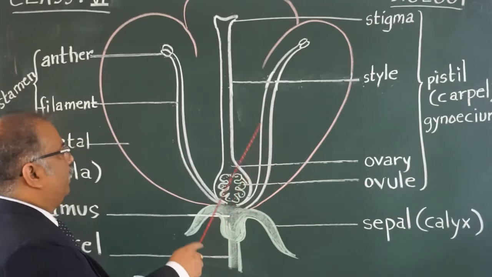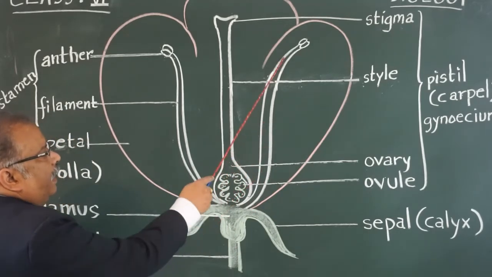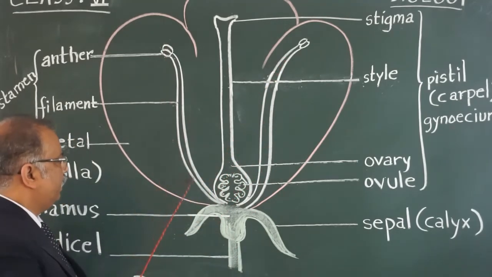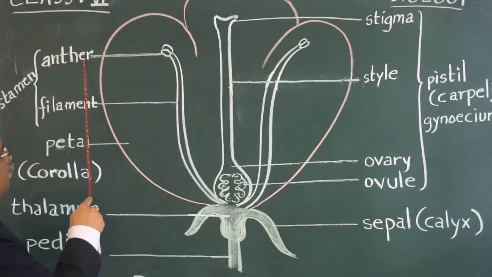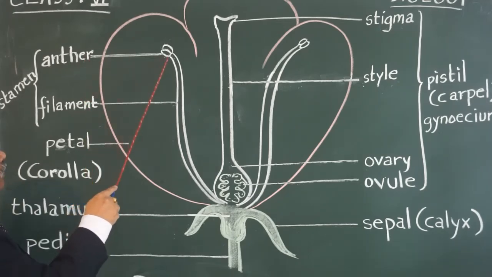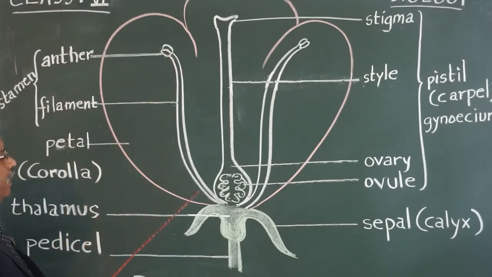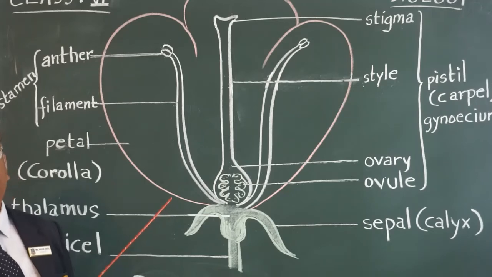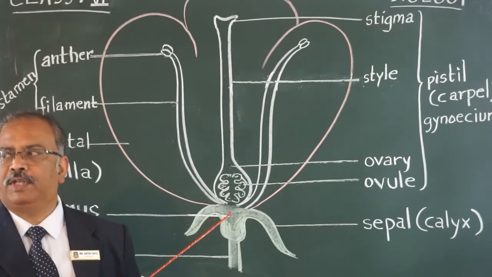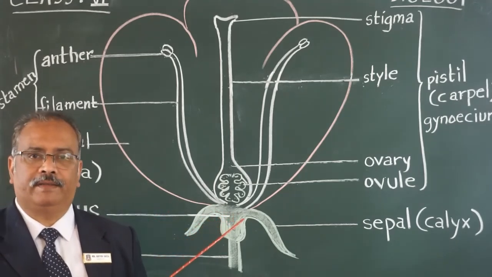The third whorl here is androecium, which is the male reproductive part. Two parts are there: the anther, which is a bilobed structure here on the filament, and the filament, which is the tube-like structure. Now this produces the male cells which are present in pollen grains.